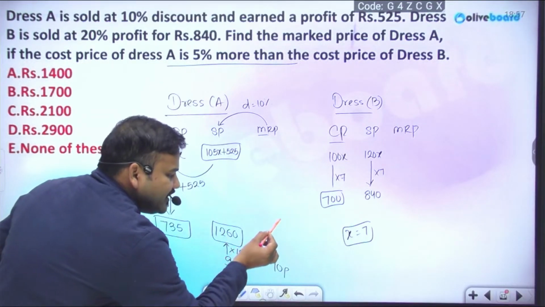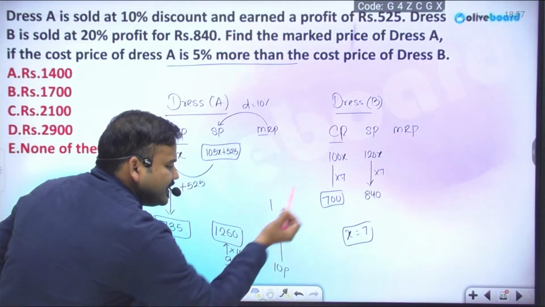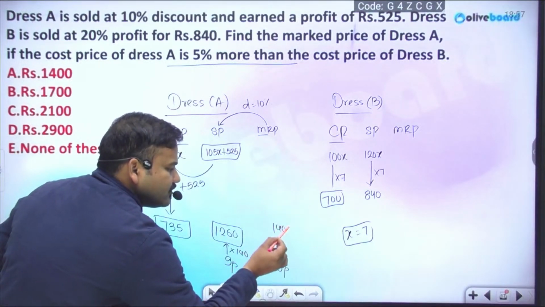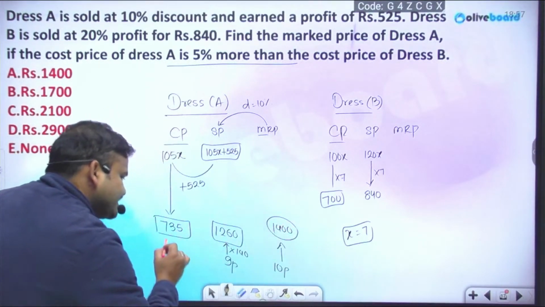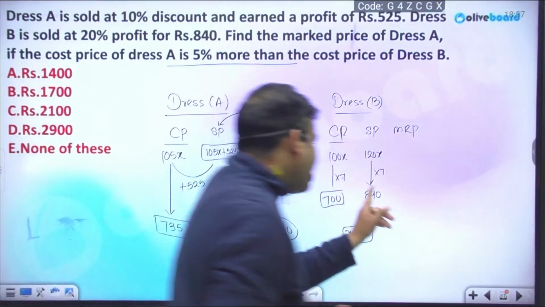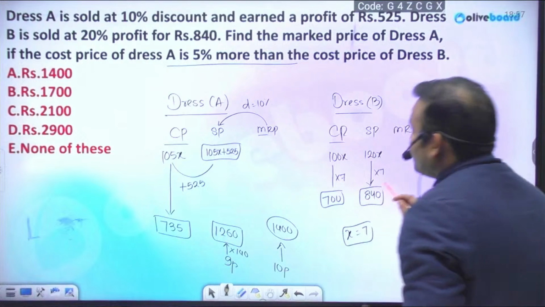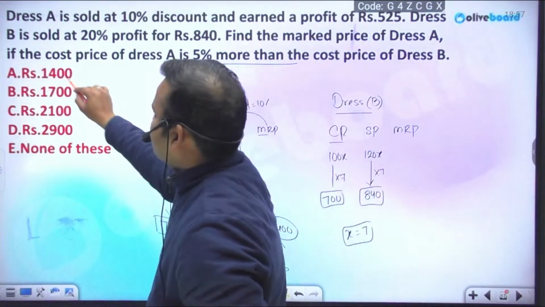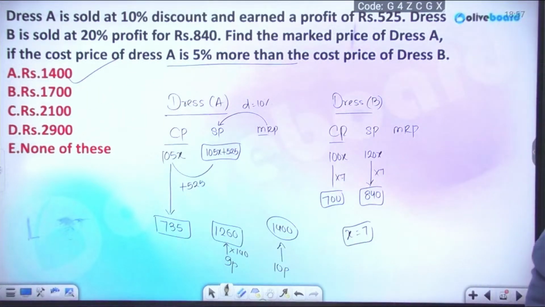So ultimately you will be finding the MRP of the article as 1400. Cost price is clear, selling price is clear, MRP is clear. Now find the marked price of dress A. The marked price of dress A will be 1400.